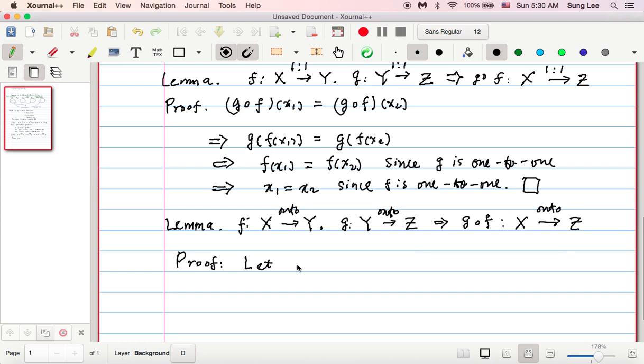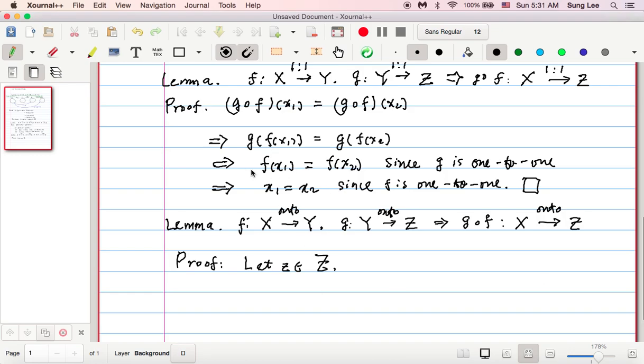So we pick an arbitrary element, little z in big Z. And what we want to show is that there exists an x in the domain which corresponds to this little z. In that case, we call the function onto, or surjective.